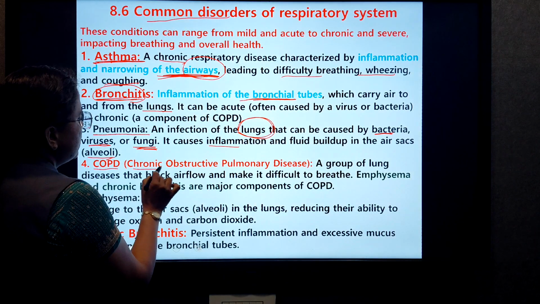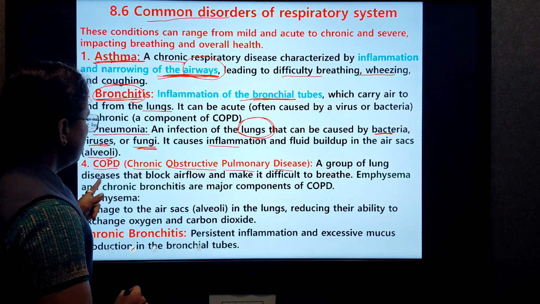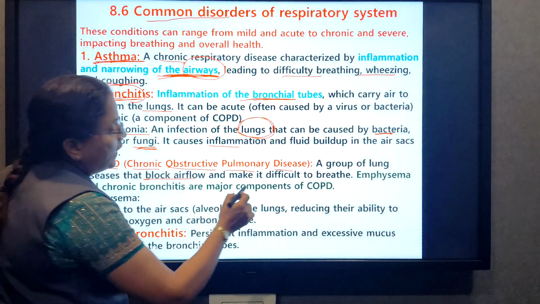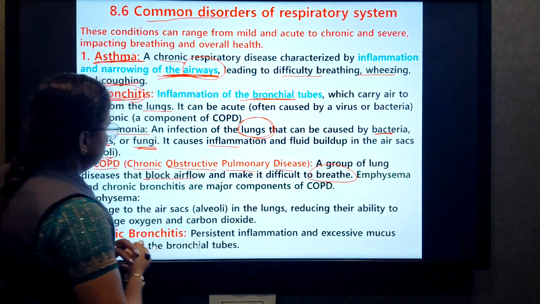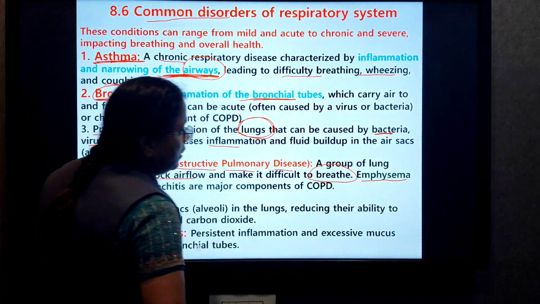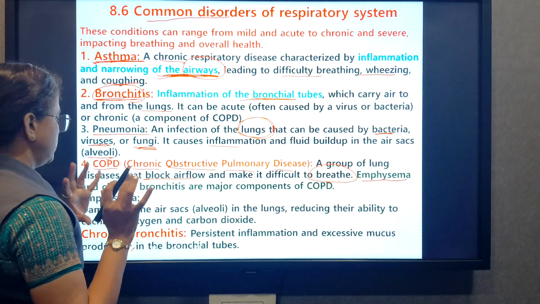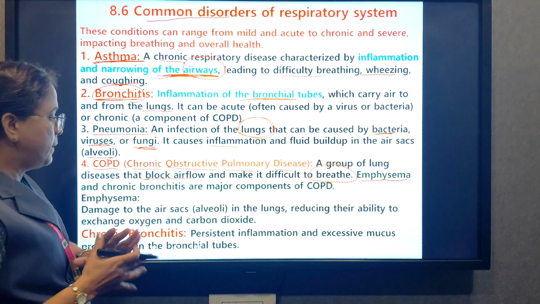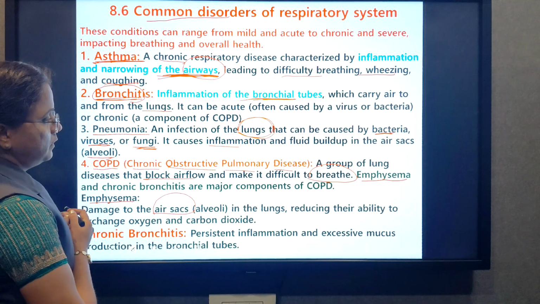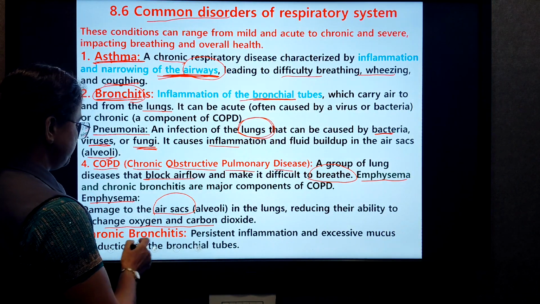COPD, chronic obstructive pulmonary disease. COPD blocks the airflow and makes it difficult to breathe. The second one is emphysema. Emphysema means damage of the air sacs, reducing the ability to exchange O2 and CO2.